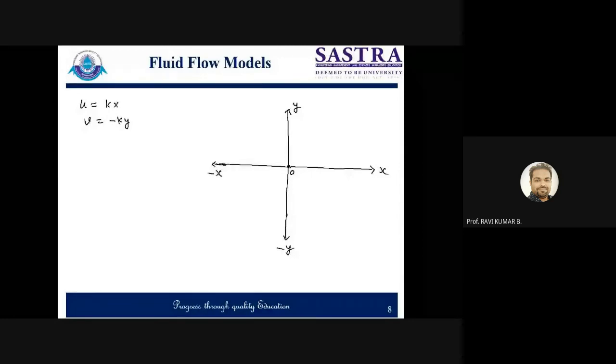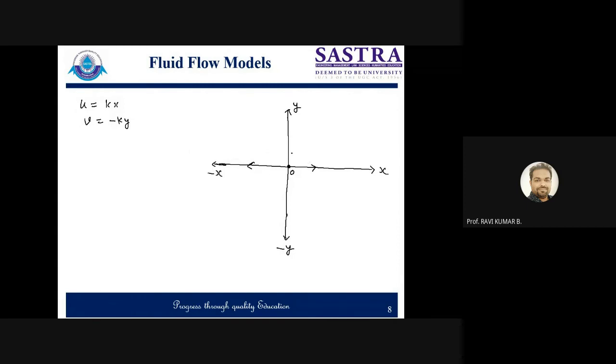So it is 0. Now, if y is equal to 0 and x has some positive value, you will get the flow direction in the positive x-axis. If y is 0 and x is negative, u will be negative, that means you will be going in this direction. This possibility is there.